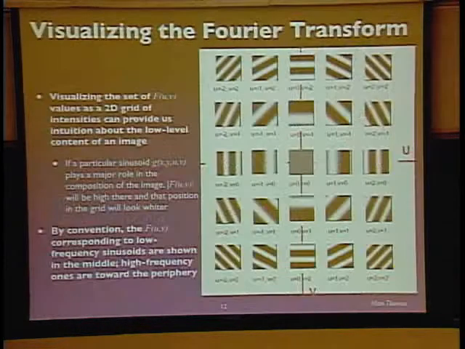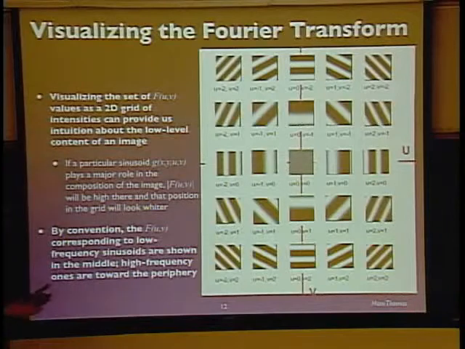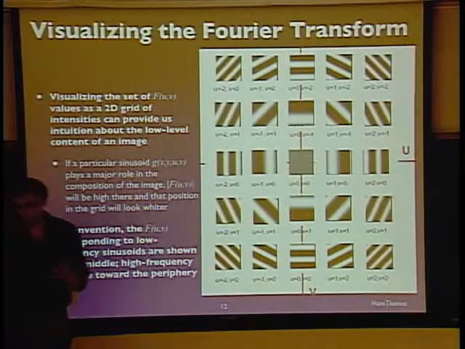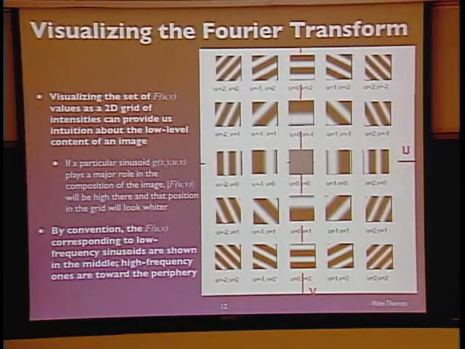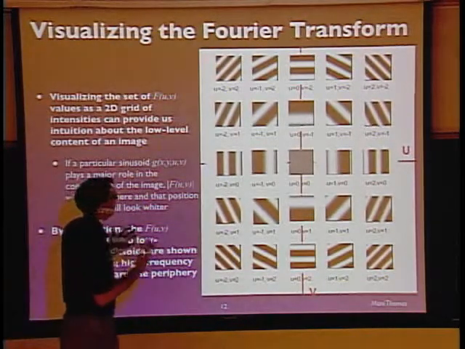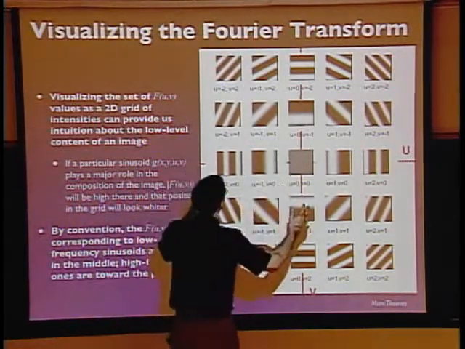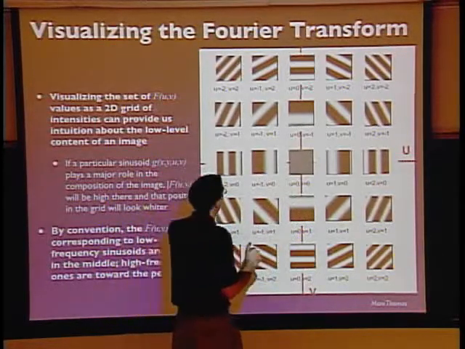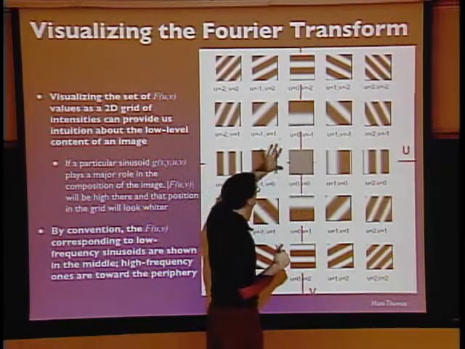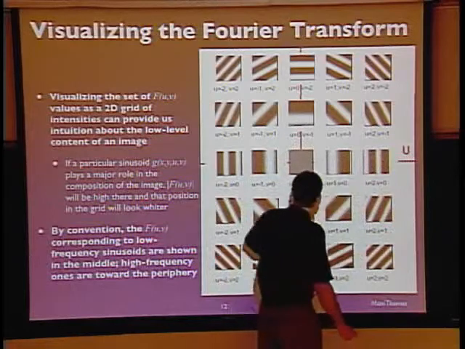Okay. So I'm not sure why exactly this happened, but a method was presented for how to visualize a Fourier transform and the results of doing a Fourier transform such that we put the coefficients that we get out, capital F, on a 2-dimensional grid like this one, where the low-frequency sinusoids are near the middle, and the high-frequency sinusoids are towards the periphery.